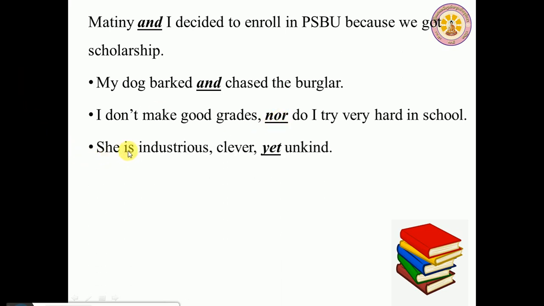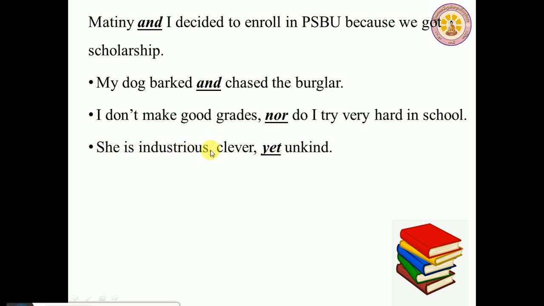Okay, one more example: she is industrious, clever, yet unkind. This sentence uses the coordinating conjunction yet to join the adjectives clever and unkind. So yet is a conjunction that shows a contrast idea.